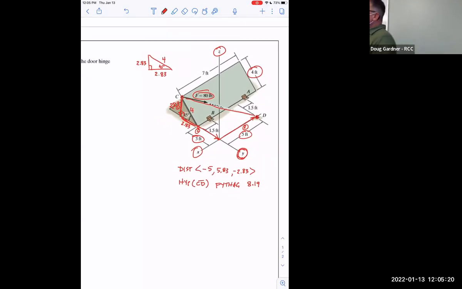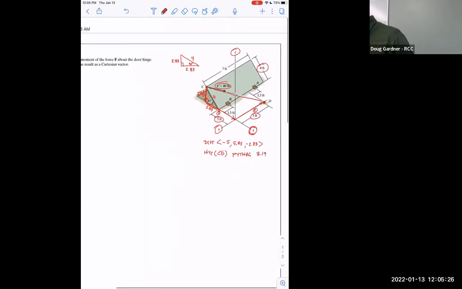So now we actually know what proportion is X, Y, and Z. So if we take our 80 pounds and we multiply by -5 over 8.19, that's the proportion that will be X. Do you see that the X distance is -5, but the hypotenuse is 8.19?